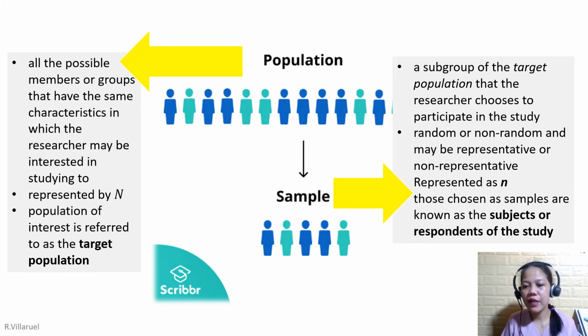So, another definition, we have random or non-random. So, pag sinabing random, may equal chances yung mga members ng target population para maging sample. Pag non-random, si researcher yung nagbigay ng kondisyon para siya yung namili ng magiging sample niya out of the target population.